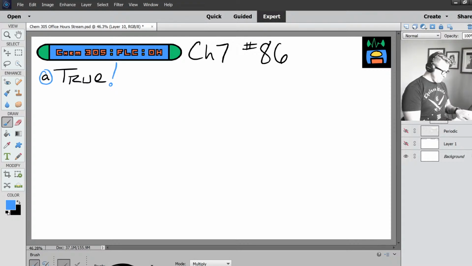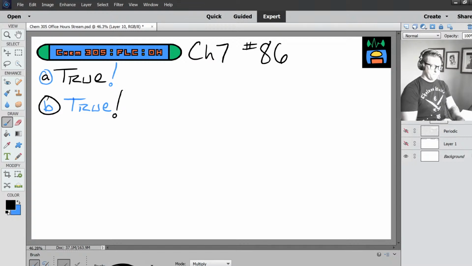Part B, a liquid can be made to boil at a temperature lower than its normal boiling point, also true. If you take a liquid to a higher elevation where the pressure is lower, it'll boil at a lower boiling point.